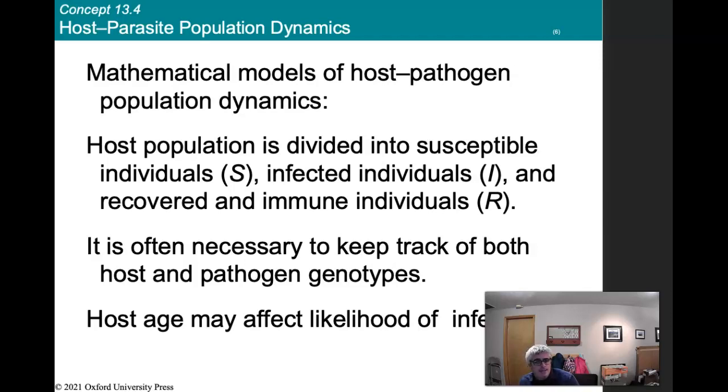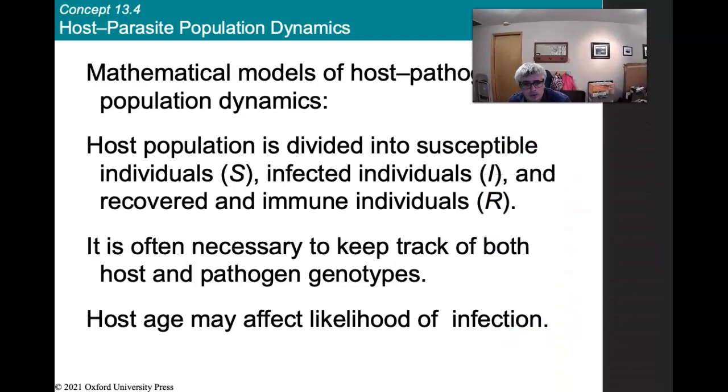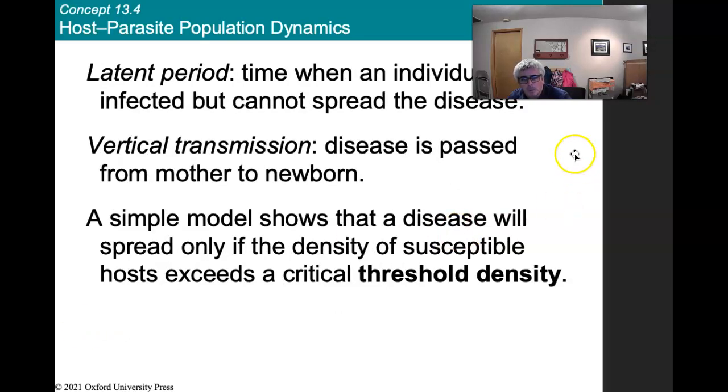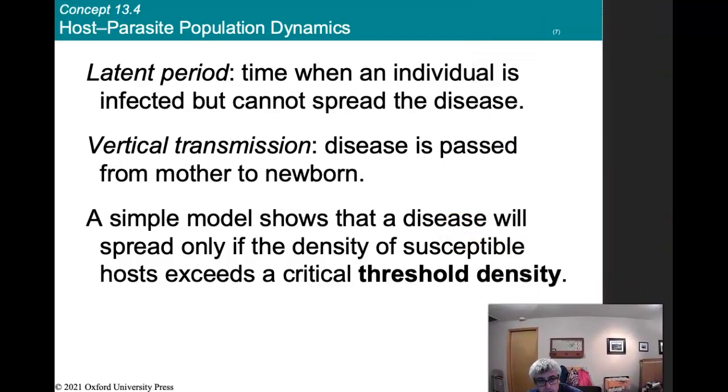So we have 3: S, susceptible, that makes sense; infected, I; and then recovered as R. And so it's often necessary to keep track of both host and pathogen genotypes, and the host age may affect likelihood of infection. We can look at ways of transmission.